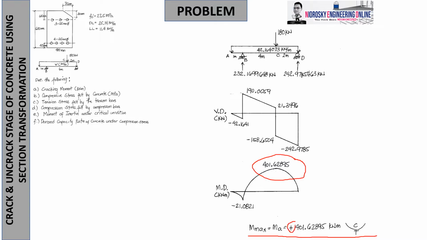What does a positive maximum moment mean? It means the bending suggests that the moment is positive. Therefore, as I discussed earlier, the compression is found above and the tension is found below. This is very essential in correctly locating y sub t in our calculation of the cracking moment.